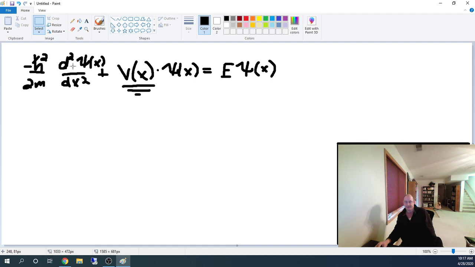And we turn this into a 3-dimensional version with 3 derivatives, one with respect to x, one with respect to y, one with respect to z. V is a function of x, y, and z, and then we solve the problem.